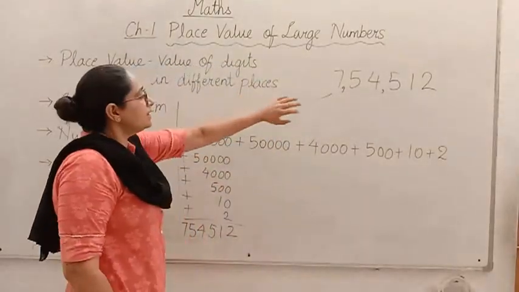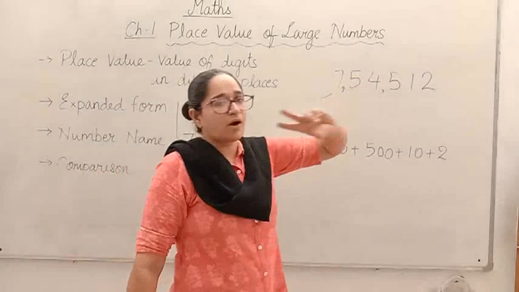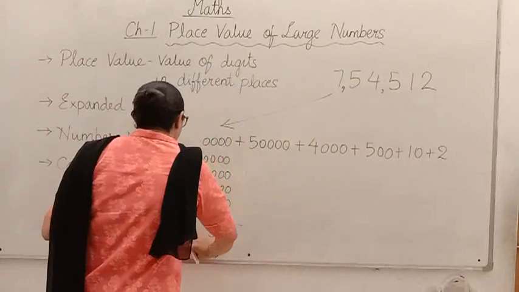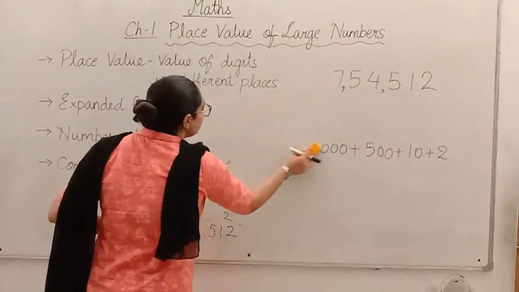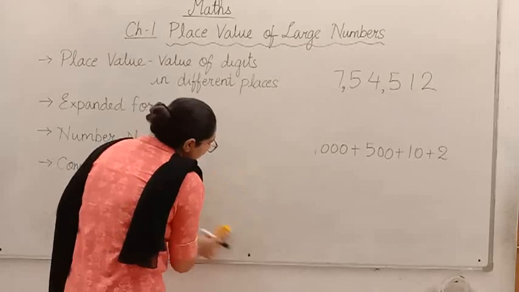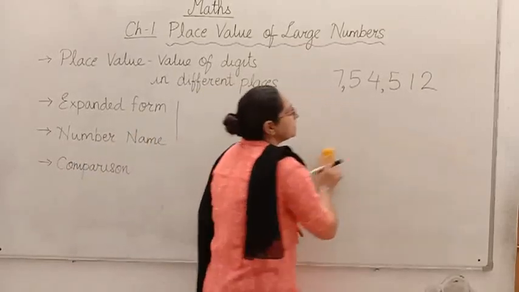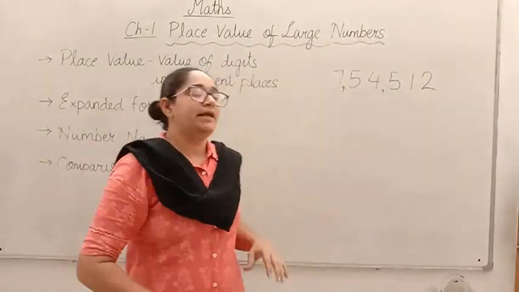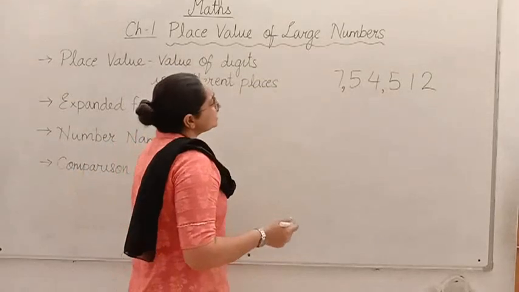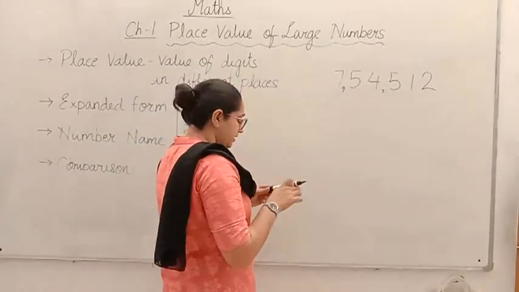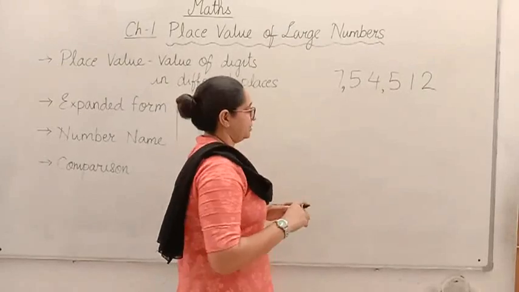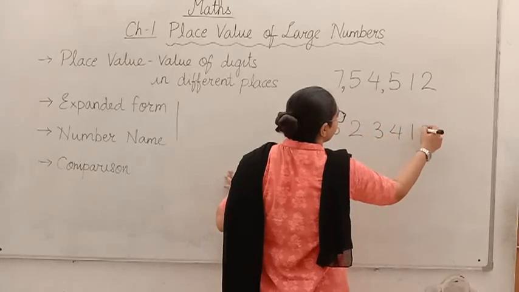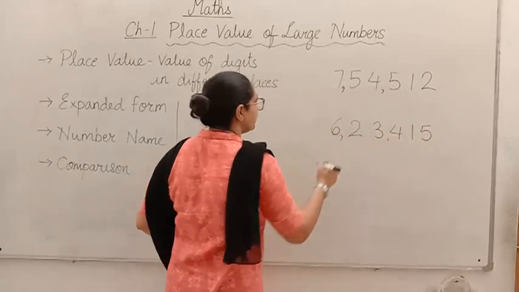So herein, for comparing numbers, you will have two numbers. If I give you two numbers and tell you to compare, you will be easily able to do that because you know that number 9 is greater than the other numbers. Okay, you know the sequence of numbers and so you can easily compare. Let's consider one more 6-digit number here and see which one is greater. Let's consider 6, 2, 3, 4, 1, 5. Okay, 6-digit number here.